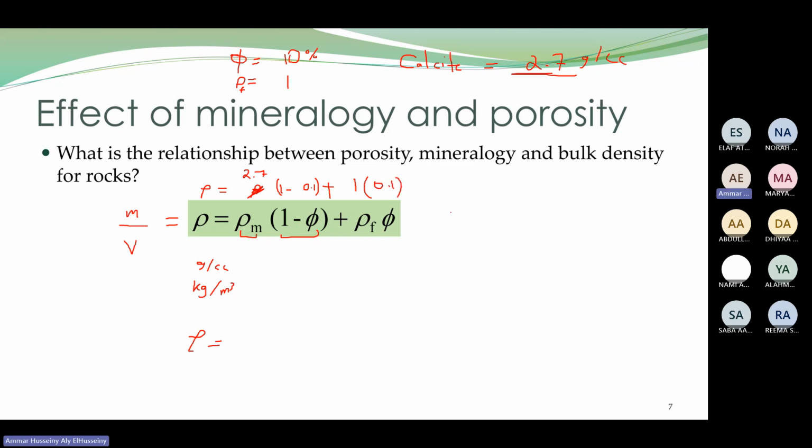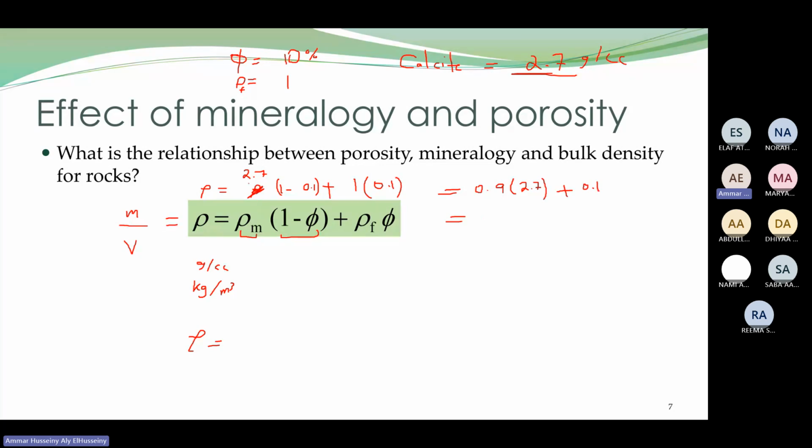So it will be 0.9, which is 1 minus 0.1, multiplied by 2.7, plus 1 times 0.1. And then we do the calculation, and we find the answer in gram per cc.